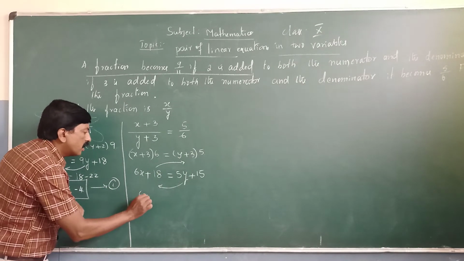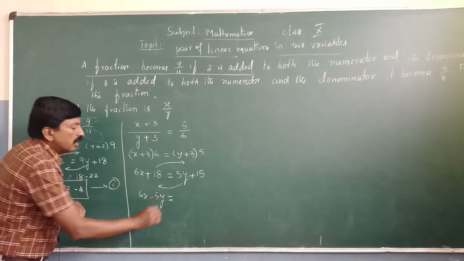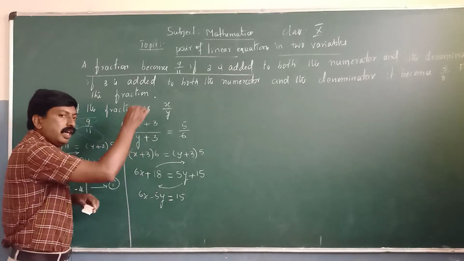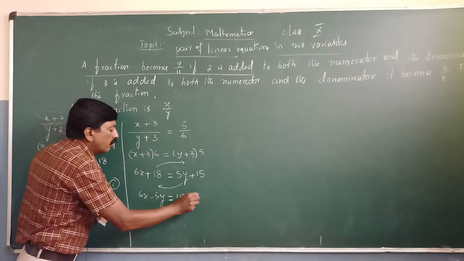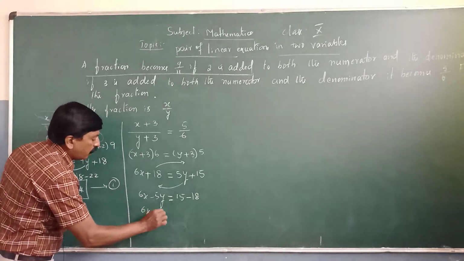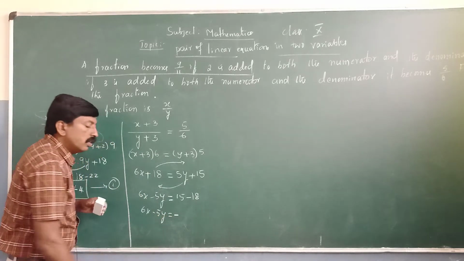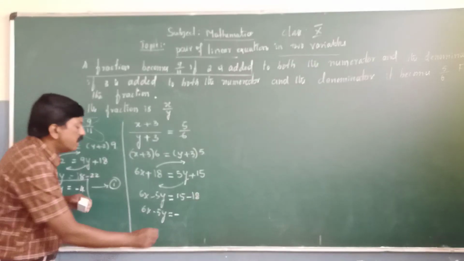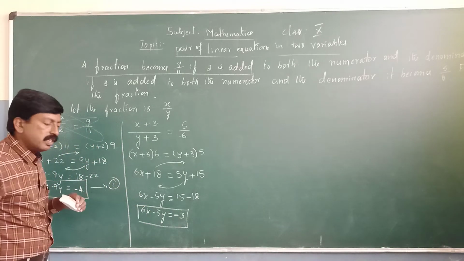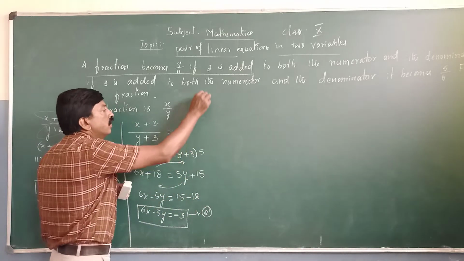Now 6x minus 5y is equal to 15, as it is. 18 shifts to RHS, it is minus 18. So 6x minus 5y is equal to the difference of these two, which is minus 3. Call this equation 2.